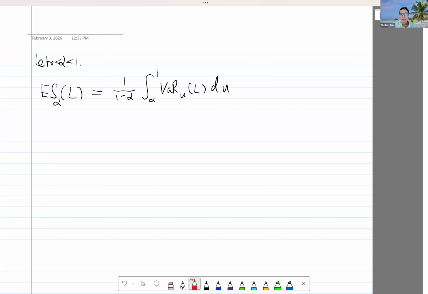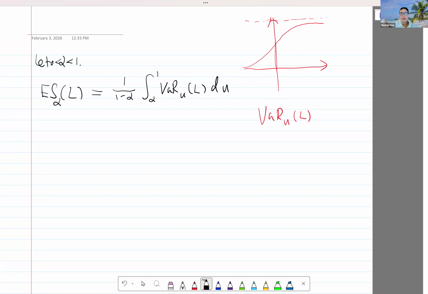A single value at risk is not very good. Keeping in mind what value at risk is: if you have the standard normal distribution, this is the CDF.